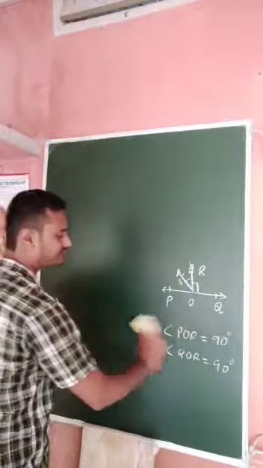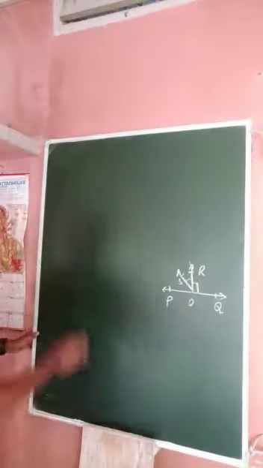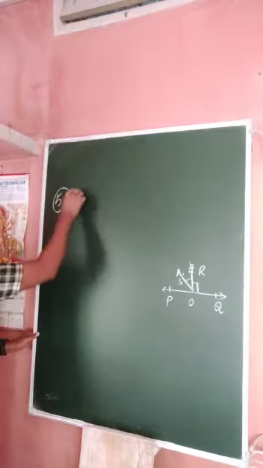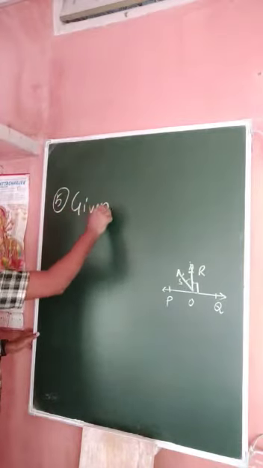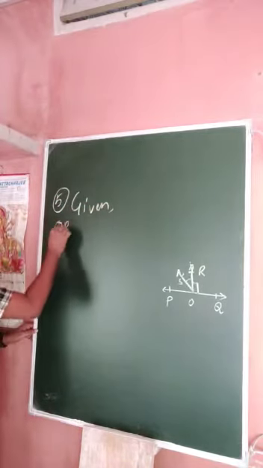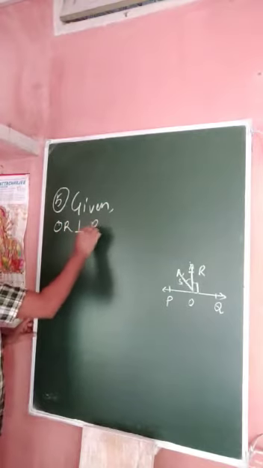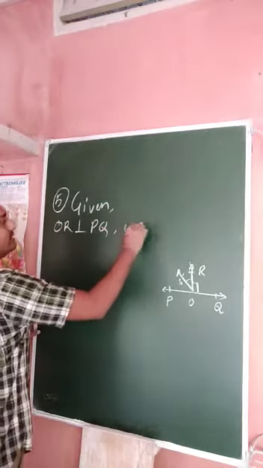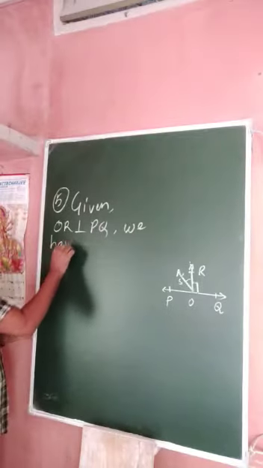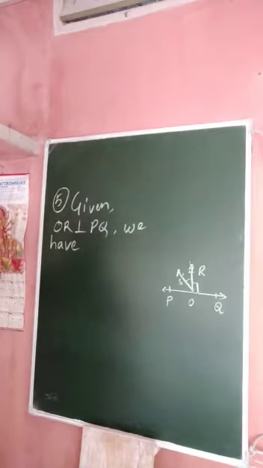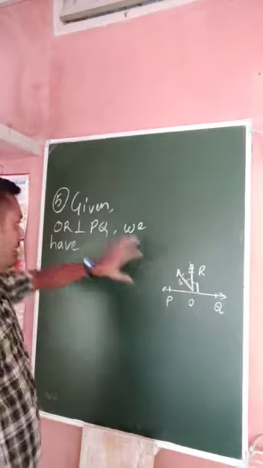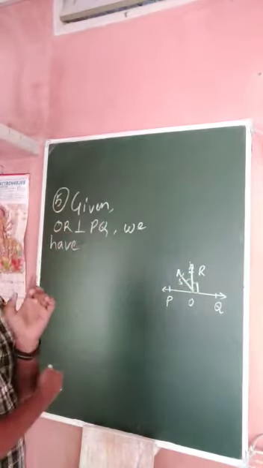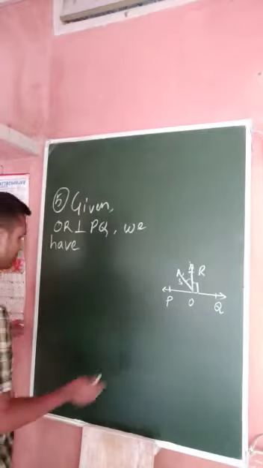Okay. So question number 5. At first we write given OR perpendicular PQ. We have to prove that. We have to just write this one because on the figure there is 1 mark and in this writing there is 1 mark. Okay, and after that the proof will be 2 or 3 marks.